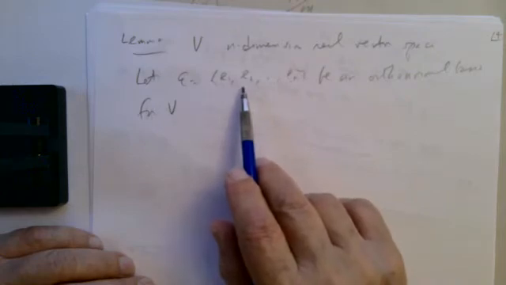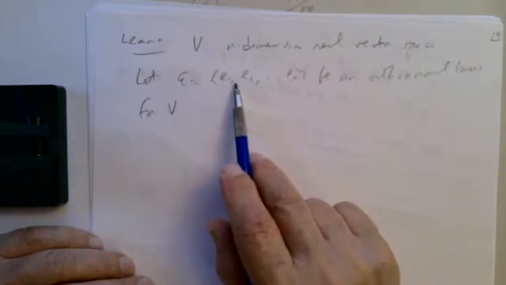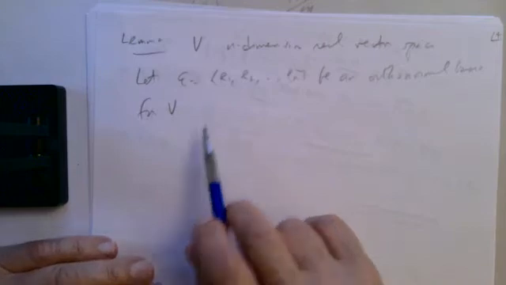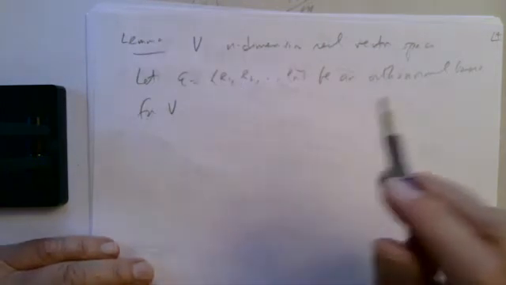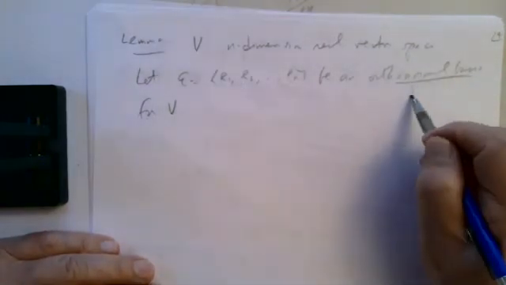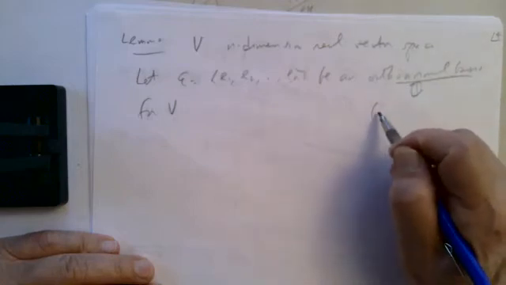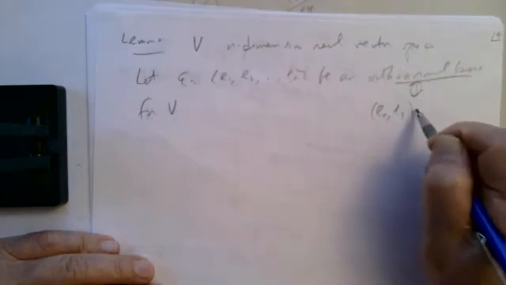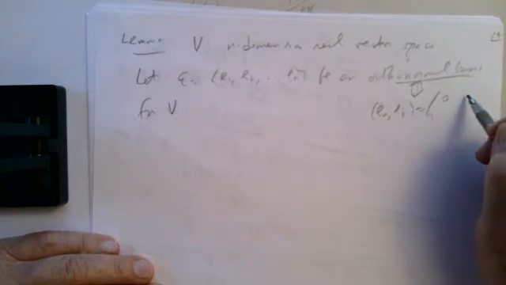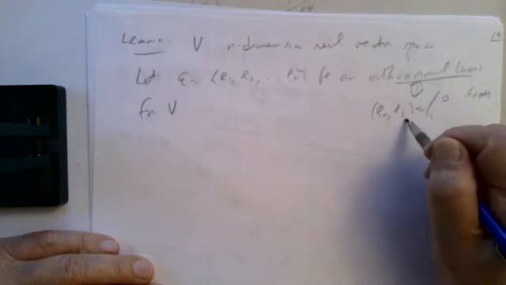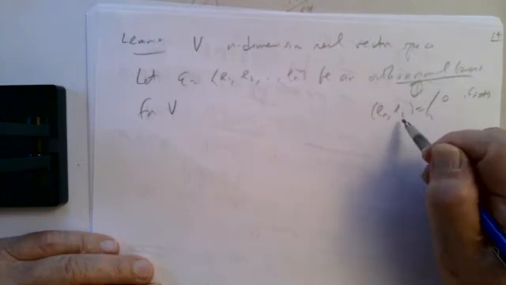And orthonormal means every two of them are perpendicular and the length of each is 1. So orthonormal is the same as saying the inner product of ei and ej is equal to 0 if i is different from j. If i equals j, this is the length of ei squared.